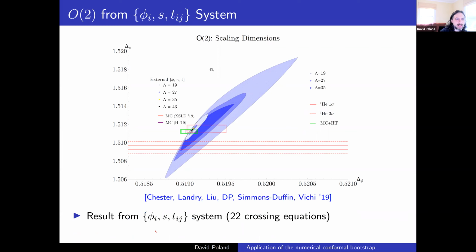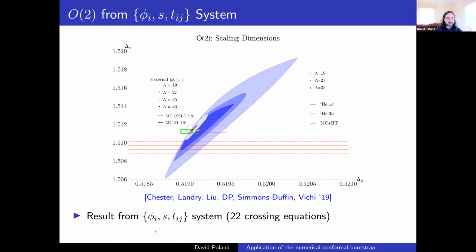So if you instead go to a system of correlators involving phi, S, and the leading 2-index tensor, T_ij, or the leading charge 2 operator of the O(2) model, then you get much smaller islands. So here we're now showing the islands you get in this larger system of correlators.